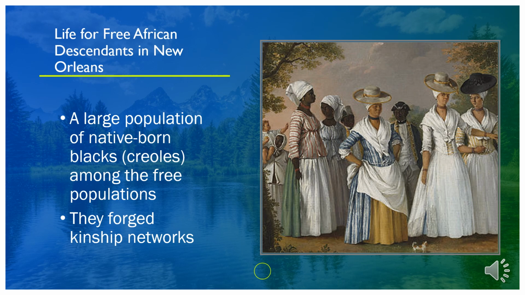The money that they accumulated came from their jobs, and they often used this money, as I mentioned, to not only invest in businesses, but also other property. And all of this helped to forge a group identity for these free people of color in New Orleans.